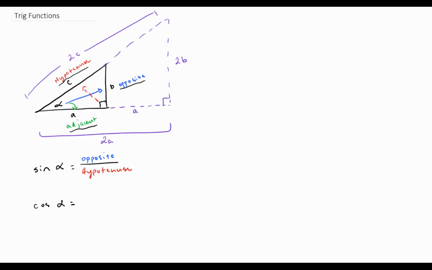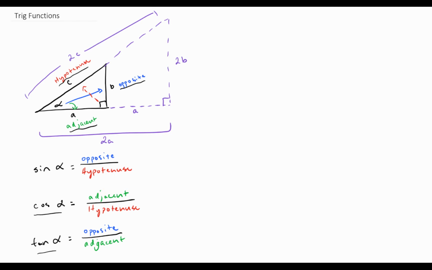And then there's two other trig functions. I'll write them down and then talk about them. The other two are cosine, which is the ratio of the adjacent side to the hypotenuse, and tangent, which is the ratio of the opposite side to the adjacent side.